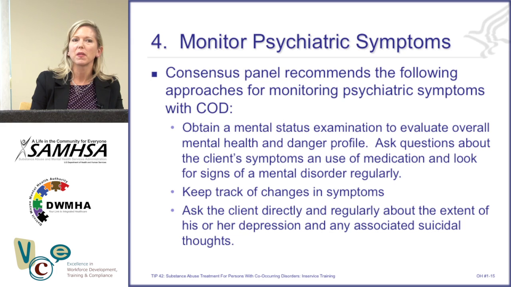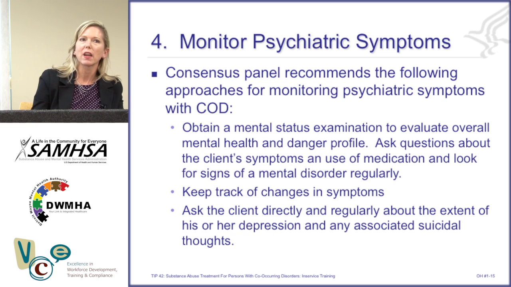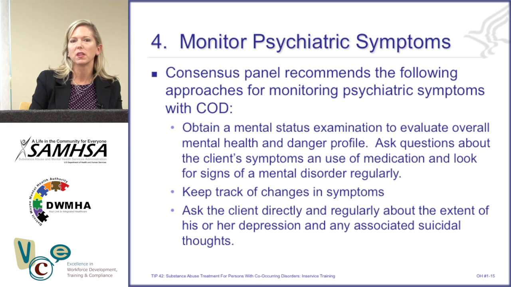Ask questions about the client's symptoms and use of medication, and look for signs of a mental disorder regularly. Keep track of any changes in symptoms. Ask the client directly and regularly about the extent of his or her depression and any associated suicidal thoughts. This is a really good step that I think is overlooked at times.